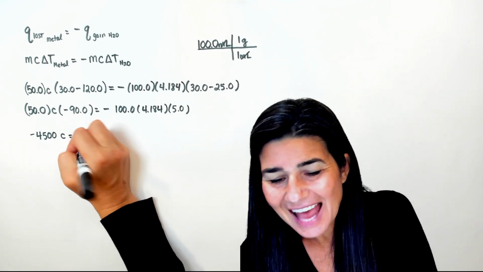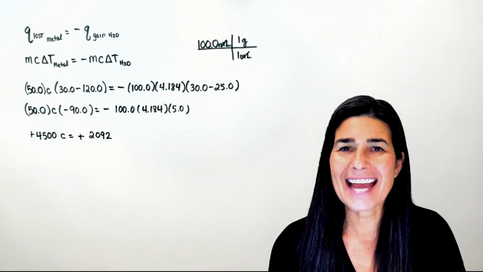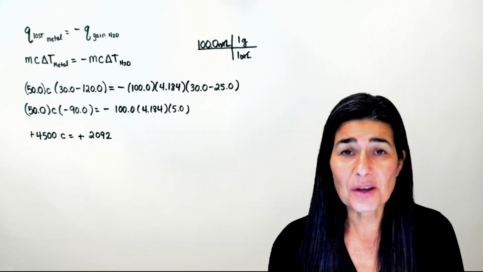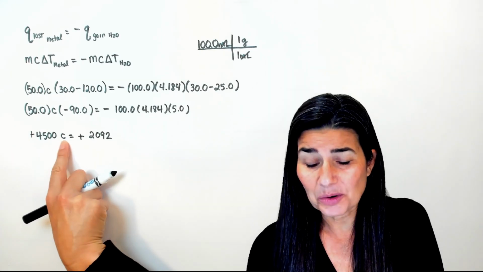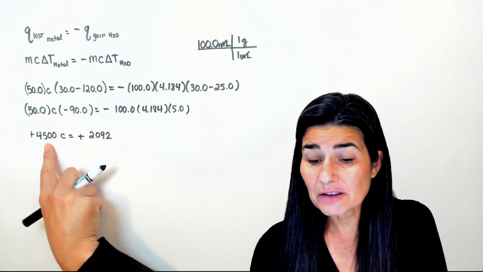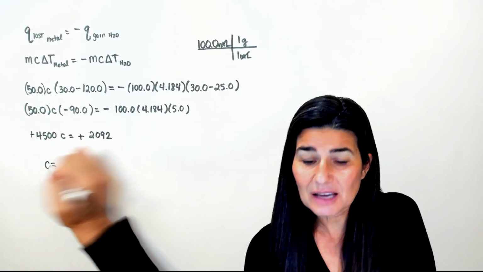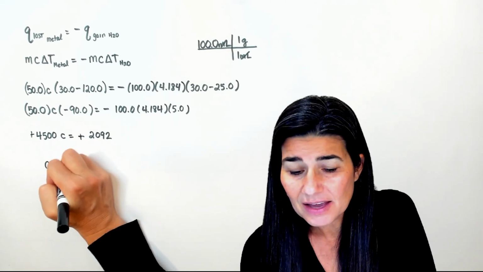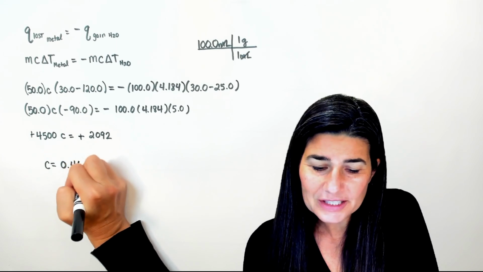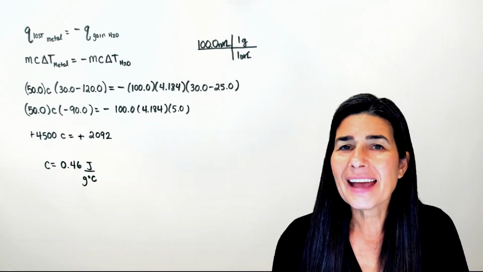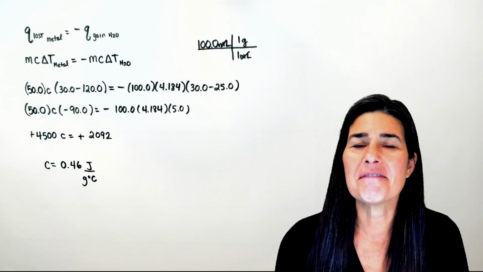The negative signs have to cancel out because we cannot have negative heat capacities. They don't exist. So in order to solve for the heat capacity, divide both sides by 4,500, and you get a specific heat capacity of this metal of 0.46, and that's going to be in joules per gram degree C.